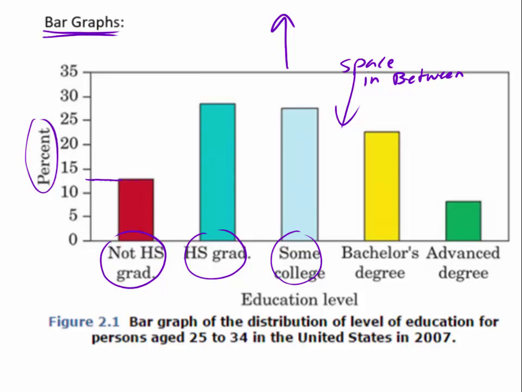We're going to learn about a different type of graph. It's called a histogram. Histograms do not have a space in between. So for bar graphs, you space everything out and you have these labels at the bottom. And you can see, obviously, this is really easy to know, hey, the tallest bar, pretty close to 30% of people in this study have a level of high school education.